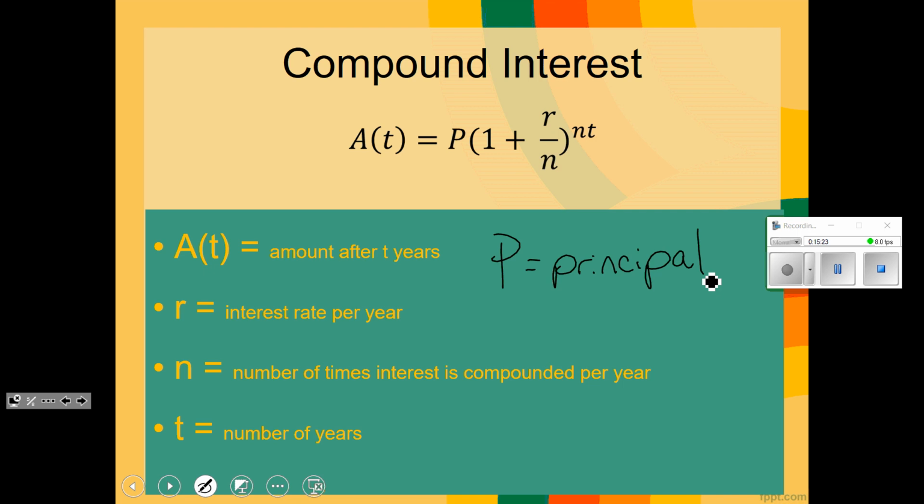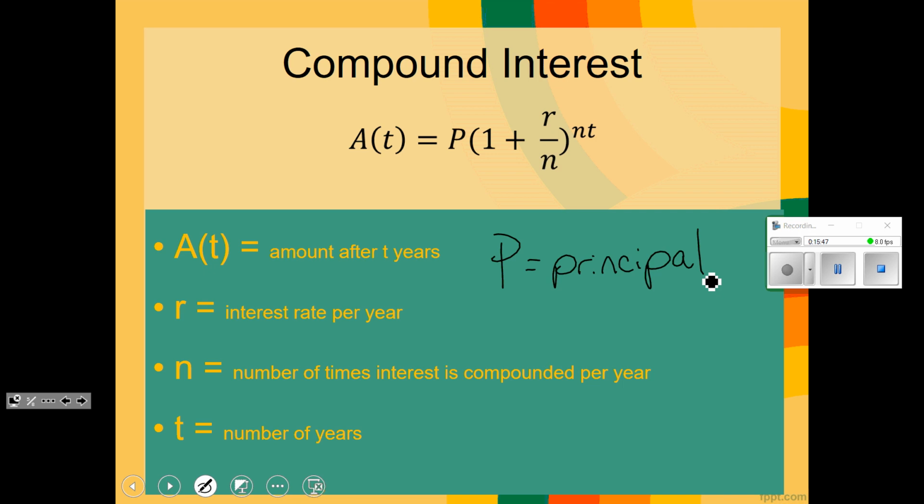Is the principal. Principal means it's the original amount of money that you invest, right? Okay, in this case, we're not talking about loans. We're just talking about investing money, okay? R is the interest rate per year. N is the number of times interest is compounded per year. And T is the number of years.